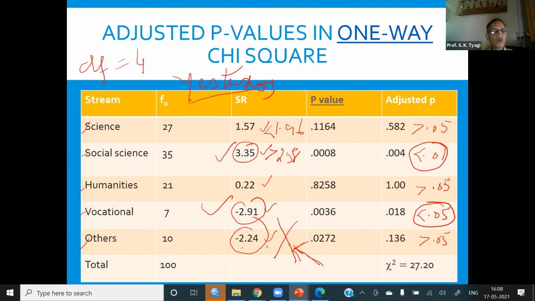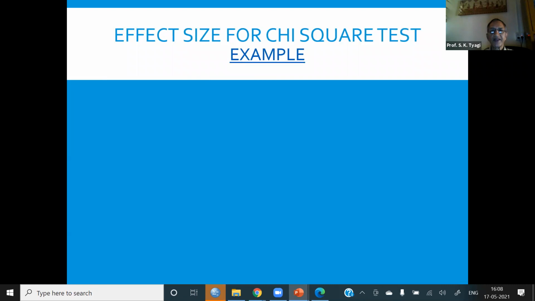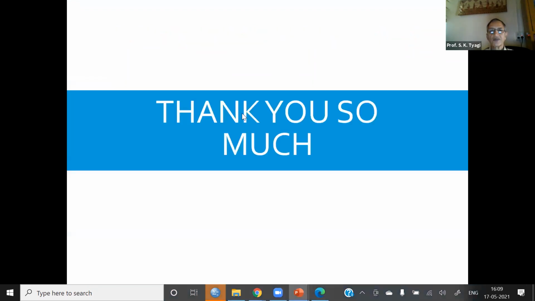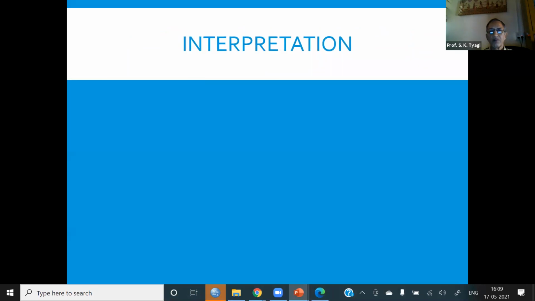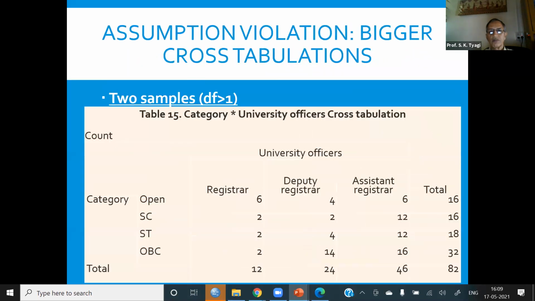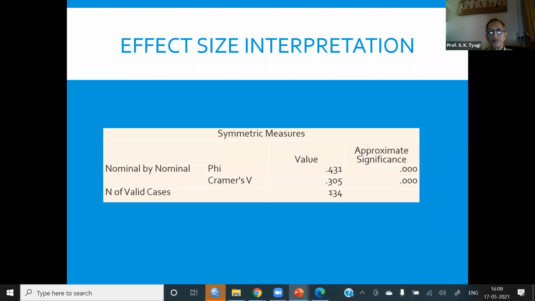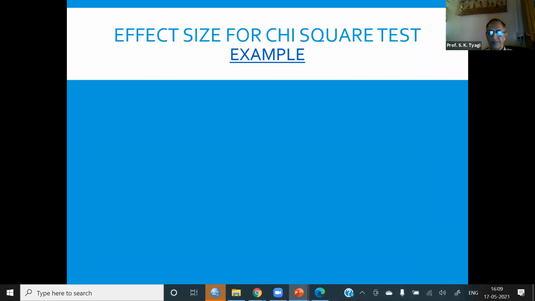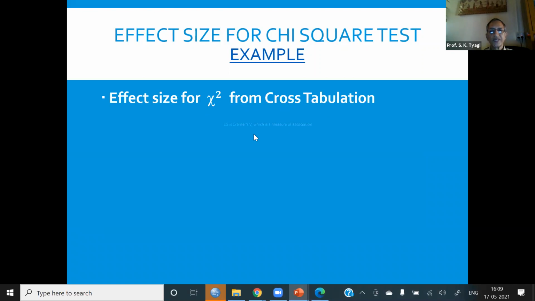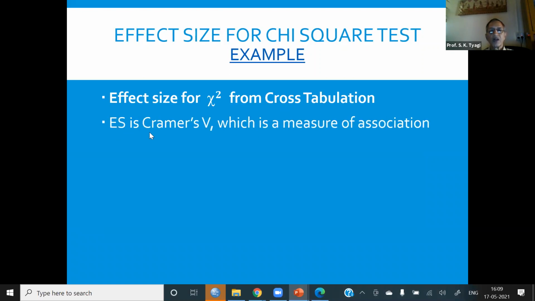Okay, now it is time to come to the effect size. Effect size, as we saw yesterday, for chi-square from cross tabulation is Cramer's V, which is a measure of association.